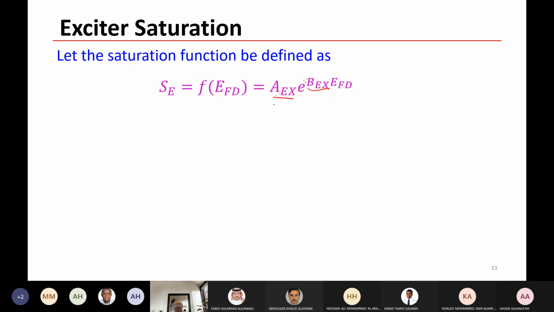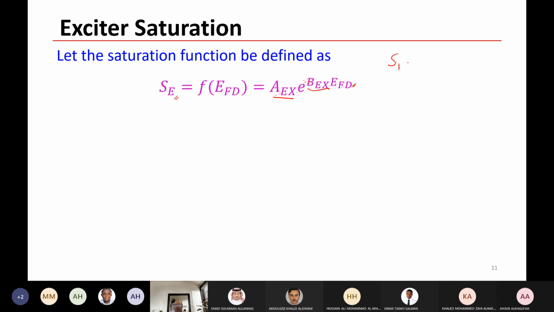you can have two measurements for the saturation at certain values of EFD. If you know SE at a corresponding EFD, then you have one equation in A and B. And if you have another measurement of SE at another value of EFD, you have another equation.